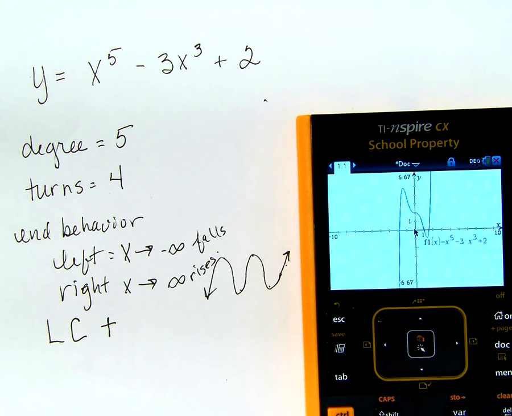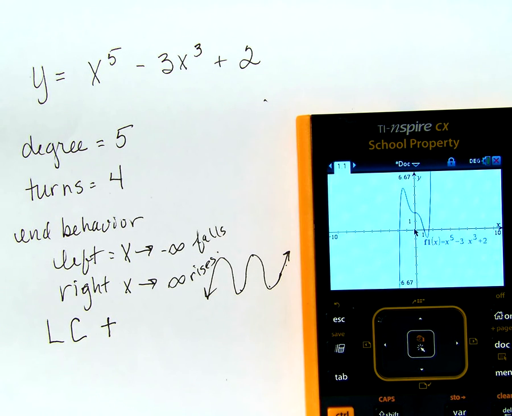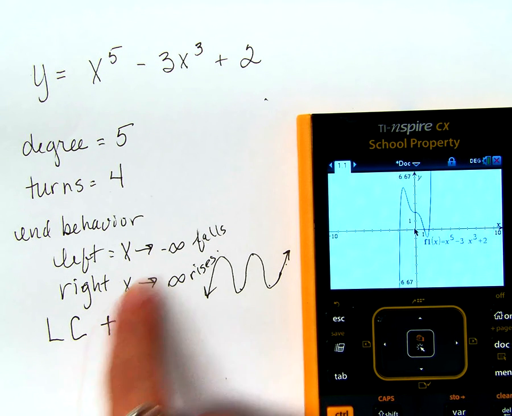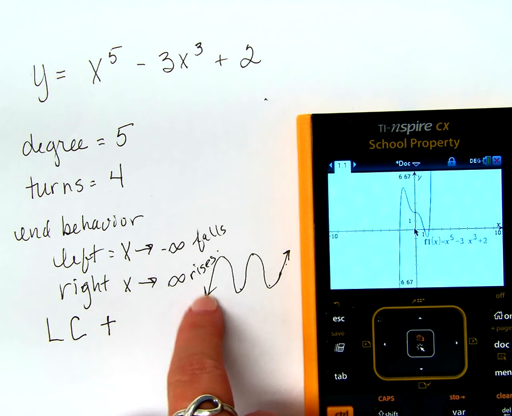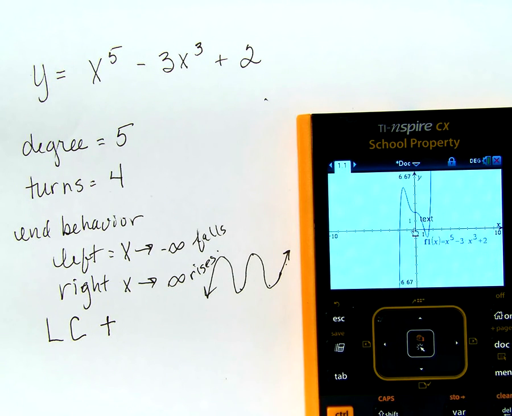So if my turns is not exactly what I think it is, like 1 less than the degree, how many is it going to change by? By 2, right? It's going to decrease by 2 because of the fact that our end behavior is going to be correct. Okay? Our leading coefficient tells me my behavior to the right. It's positive, so it rises. Most 4 turns, my left behavior has to fall. Okay? Does that make sense? Do you have any questions about that?